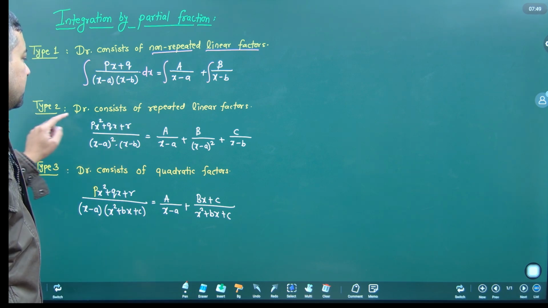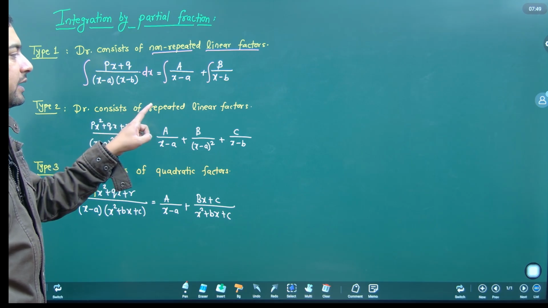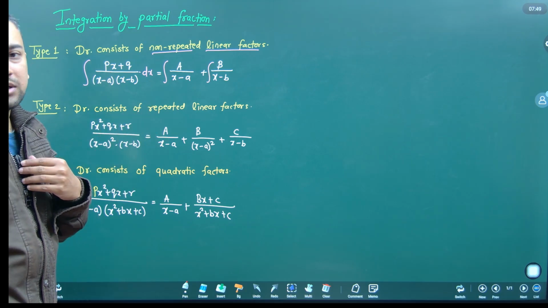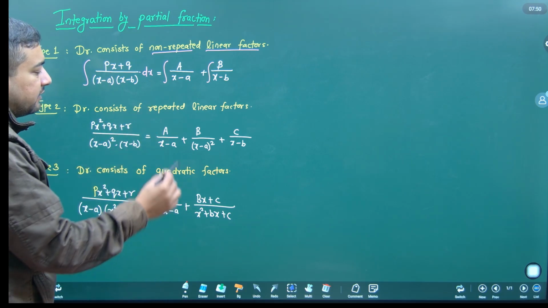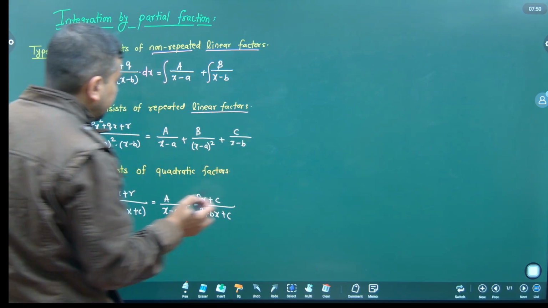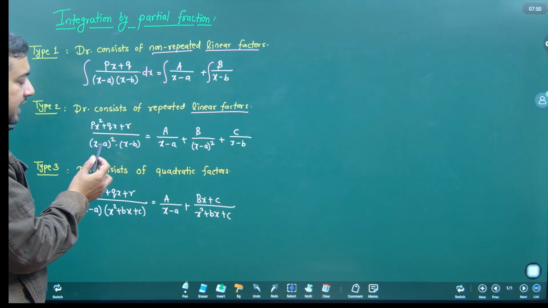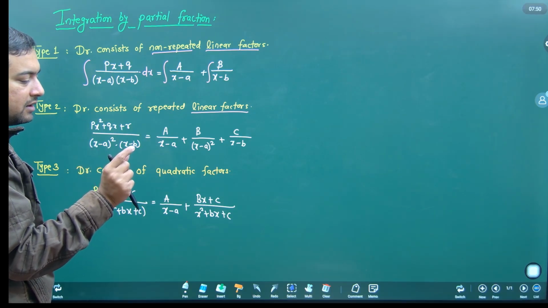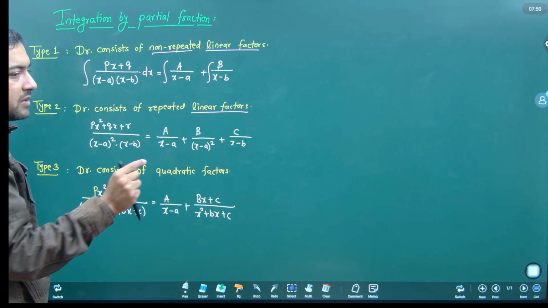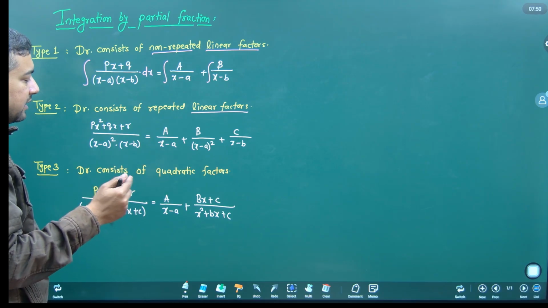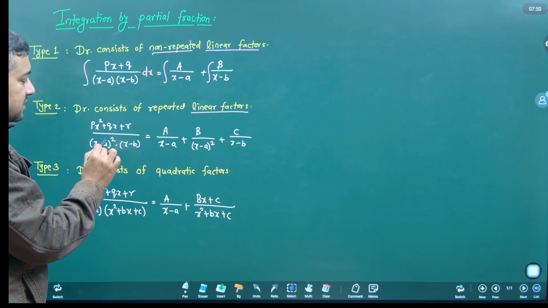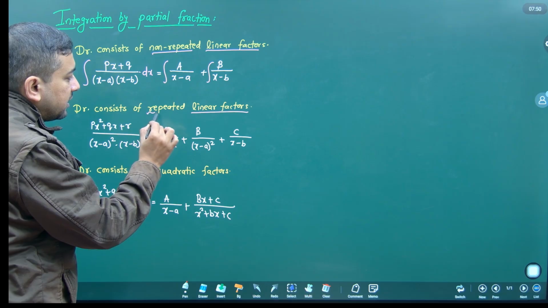Next, type number 2 is where the denominator consists of repeated linear factors. See, the factors are still linear. You can observe here, x minus a is a linear factor. X minus b is another linear factor. But x minus a whole square is there, so it becomes repeated.